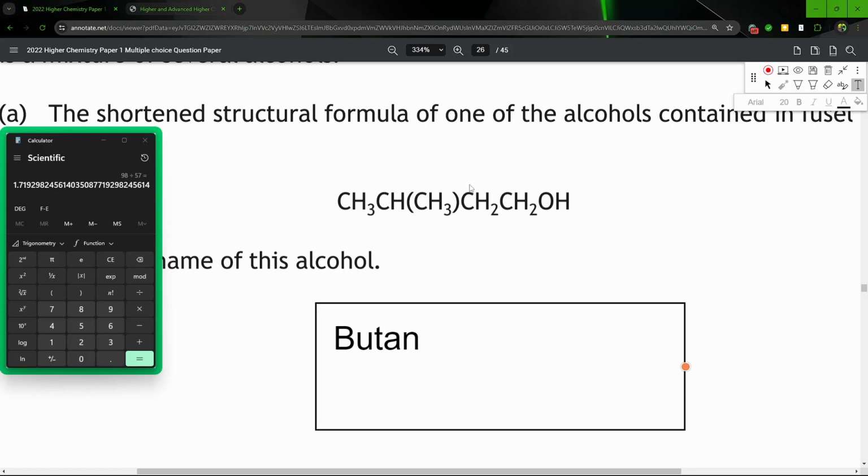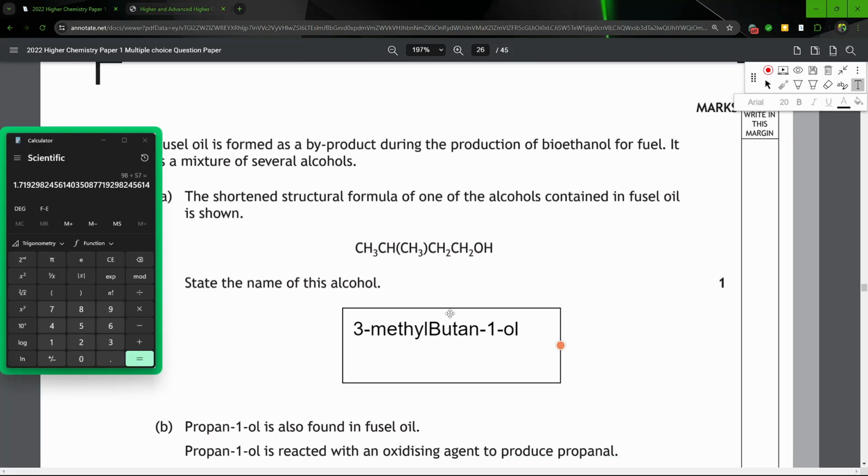So this will be 1, this will be 2, this will be 3, this will be 4, because we want the functional group to have as low a number as possible. So we're going to have butan-1-ol, and then this means that this carbon here is going to have a methyl group, and this is going to be carbon 3, so it's going to be 3-methylbutan-1-ol.